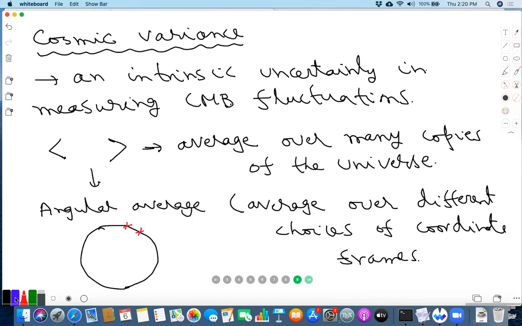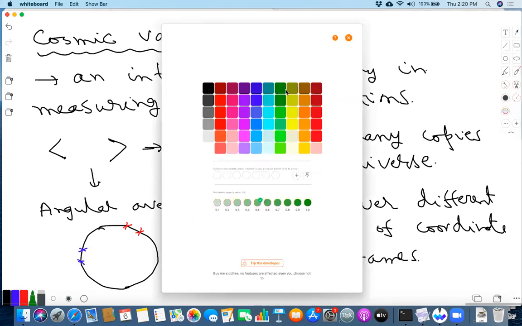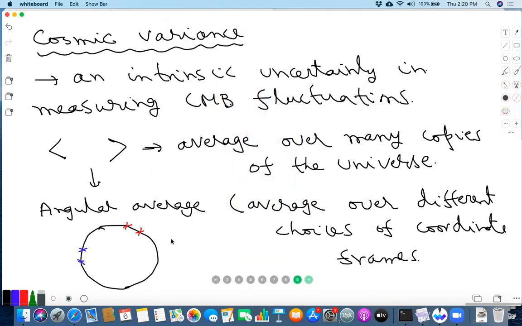Then we take another pair of points at the same angular separation, calculate the product, then you take another pair of points at the same angular separation and take the product and so on. And then you average.